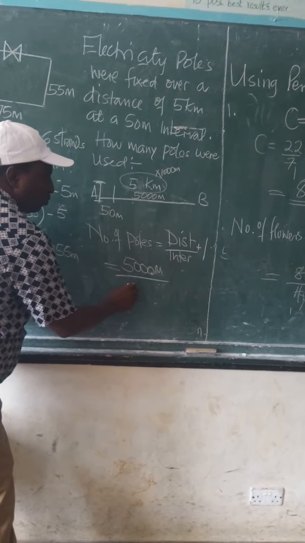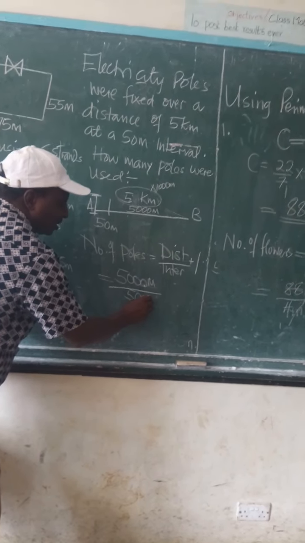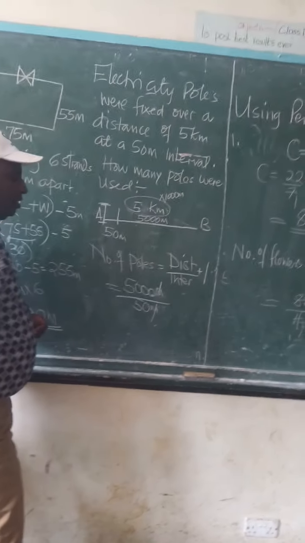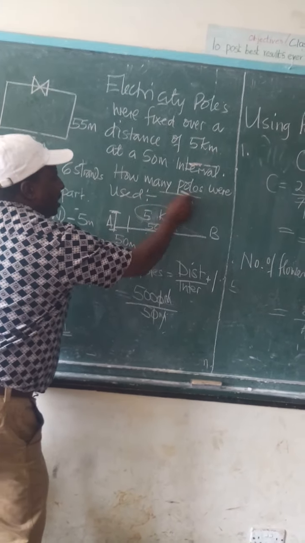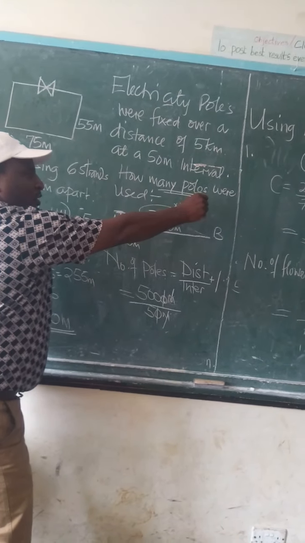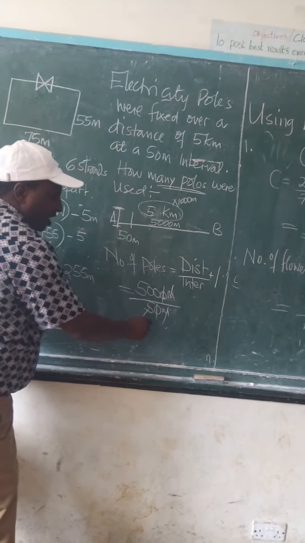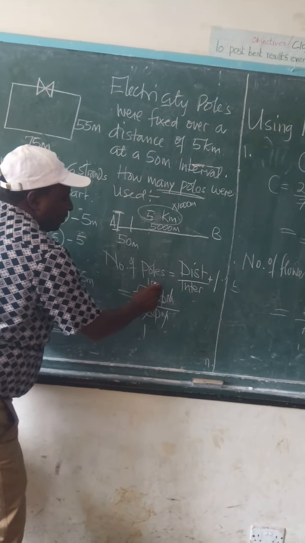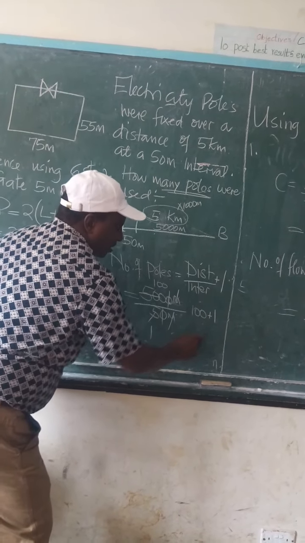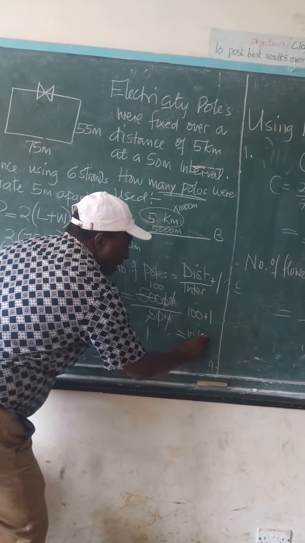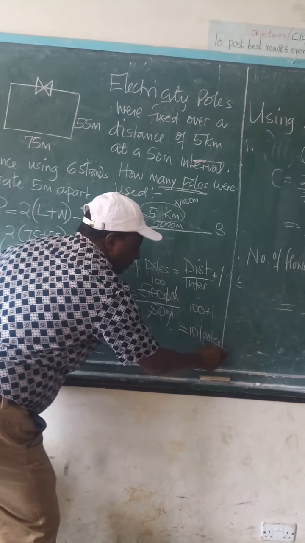The gap between posts is 50 meters. Meters cancel meters. 500 divided by 50 is 100, but plus 1, so 101 poles.